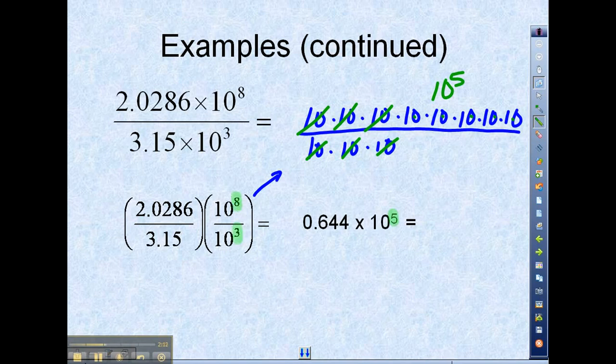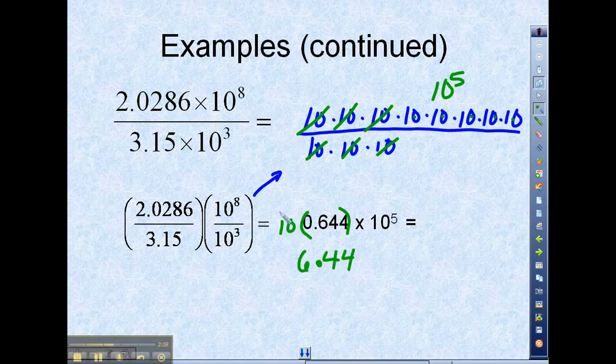I'm just saying. Okay, we're not really in scientific notation yet because that factor out front has to be between 1 and 10. I need to move the decimal point right here. To make that decimal point move like that, I'm going to have to multiply this front end here by 10. That's going to give me the 6.44 that I need out front.